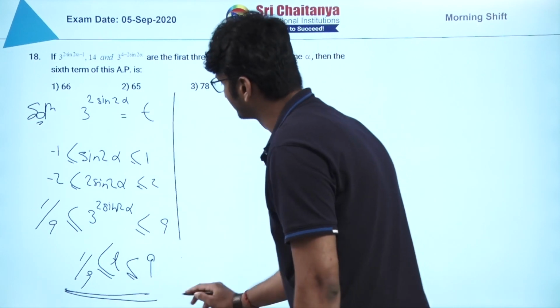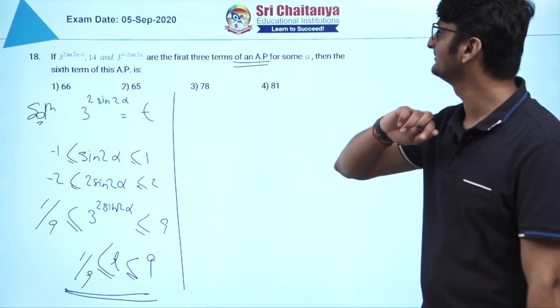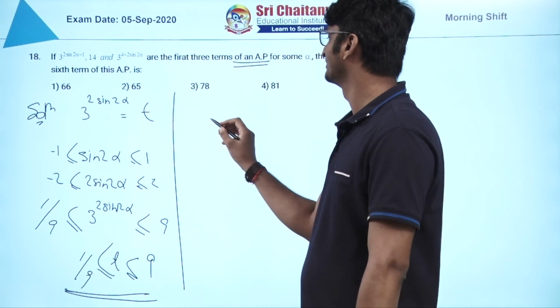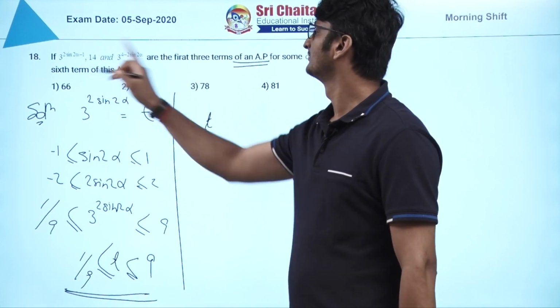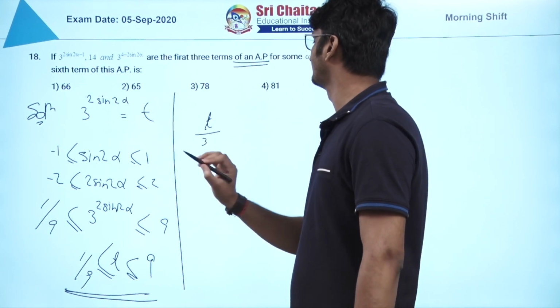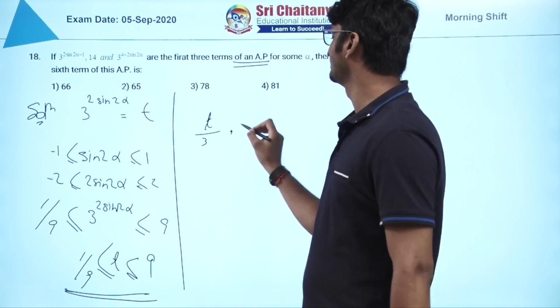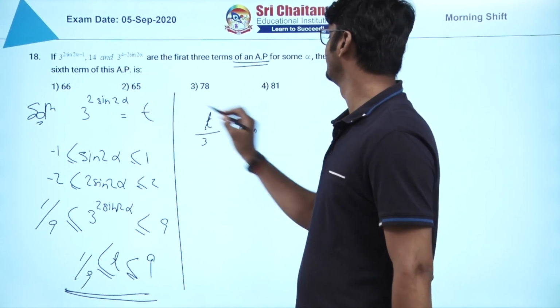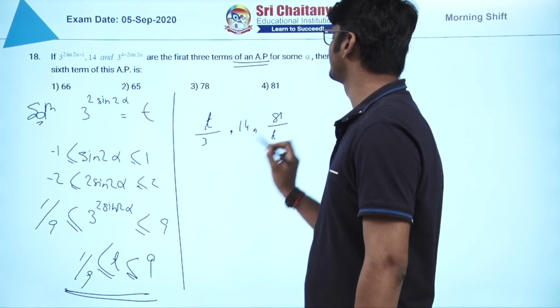Let us see. The first 3 terms are in AP. What are the first 3 terms? T, 3 to the power minus 1, which is t by 3, and 14, and it is 81 by t. These 3 terms are in AP.